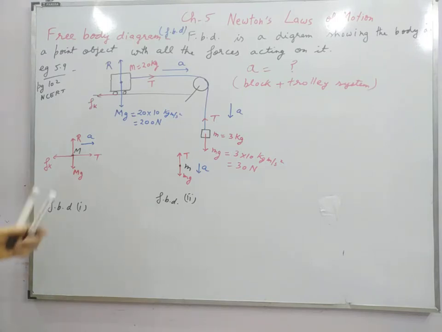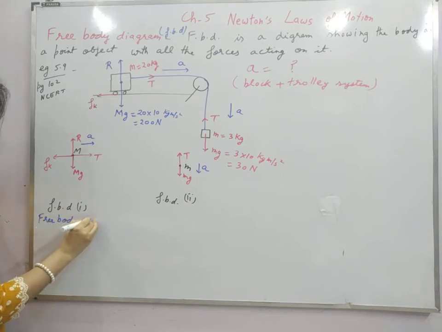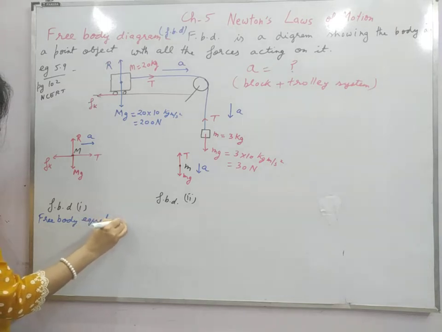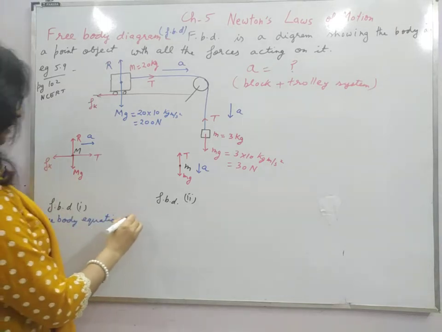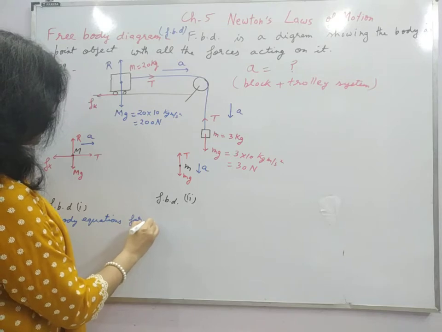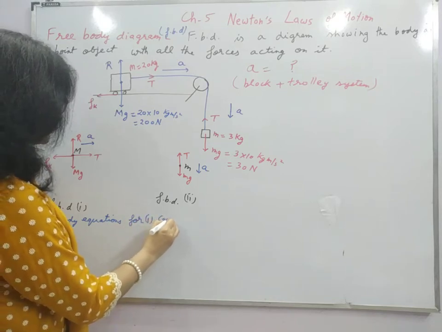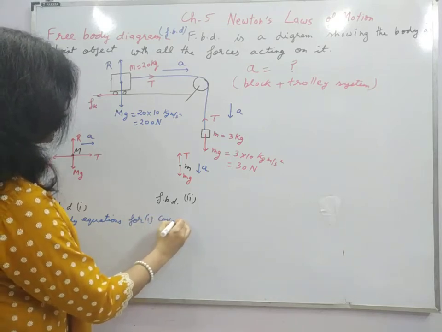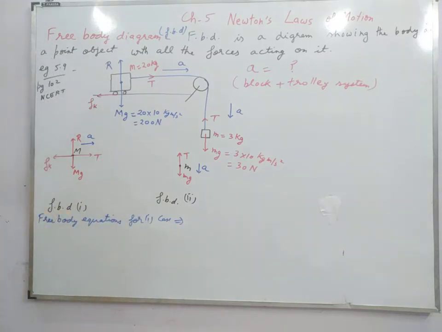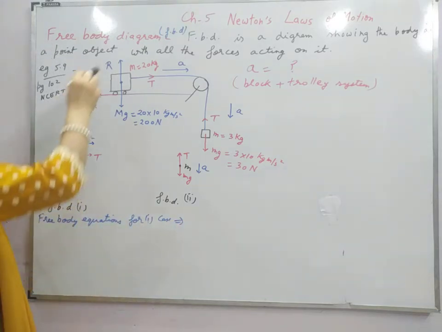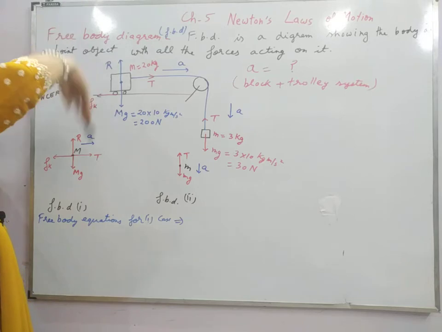Now the next point is very, very important, and that is the free body equations, which I told you we'll write using Newton's laws. So now the free body equations, for the first case: is there any vertical motion for this cart?